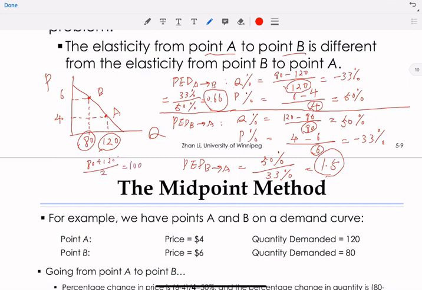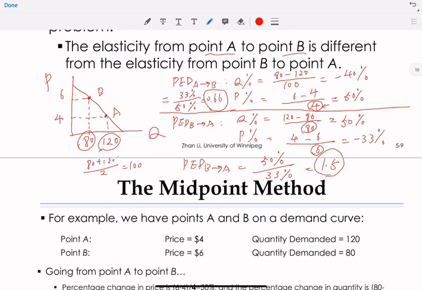So in this case, we could redo the calculation here. We would use 100 as the base. In this case, we have minus 40, I think. Minus 40%. Similarly, we don't want to use this number 4 as the base. We would like to use the middle point. What's the middle point? Well, it's 5, right?